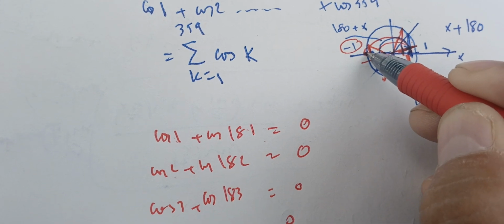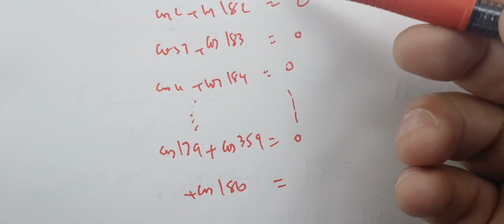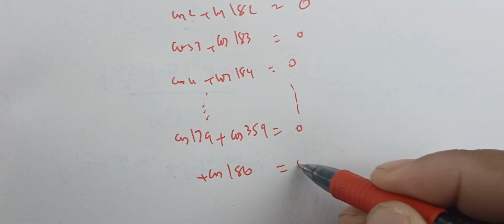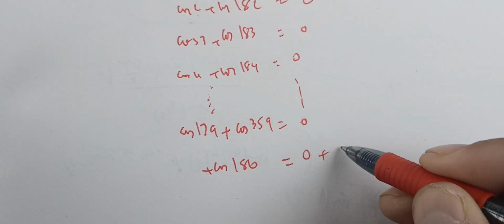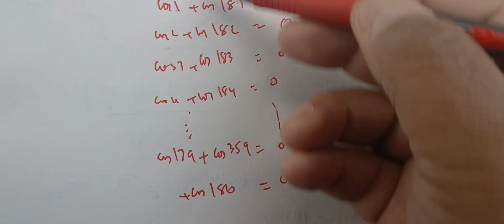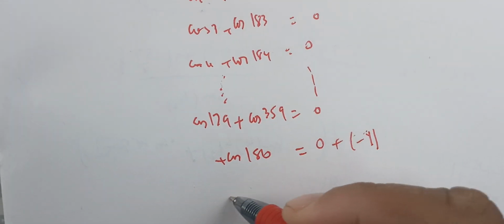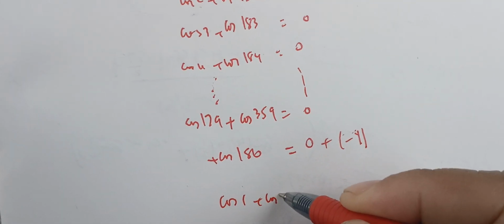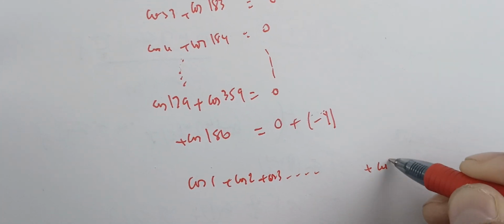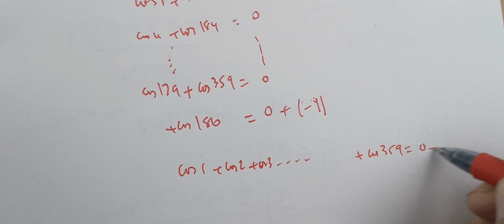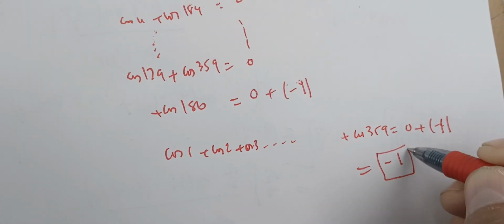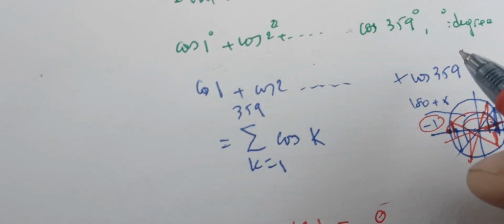So all the pairs give zeros, plus the cosine of 180, which is -1. Therefore, my sum, cosine of 1 plus cosine of 2 plus cosine of 3 up to cosine of 359, is 0 plus -1, which is minus 1.